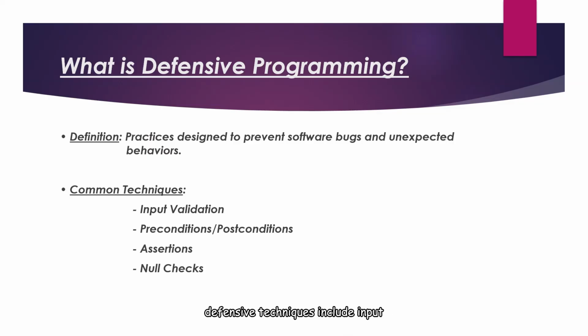Some common defensive techniques include input validation, where we verify that incoming data is correct before using it, and null checks to ensure that unexpected null values don't crash the system. By using defensive programming, you essentially defend your program from the many things that could go wrong, making your system more stable and secure.